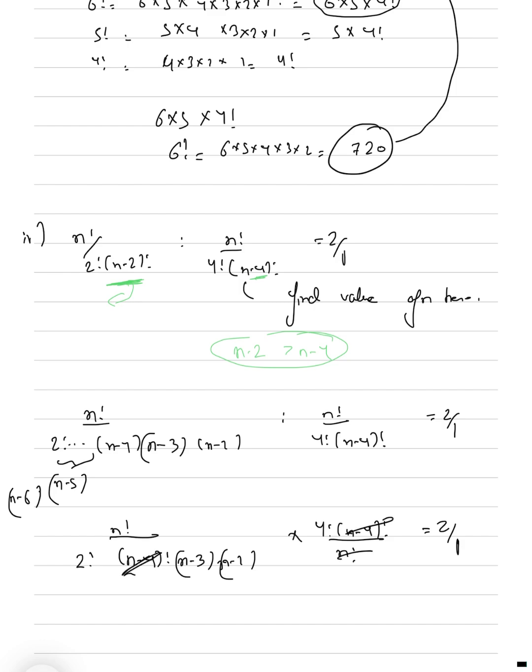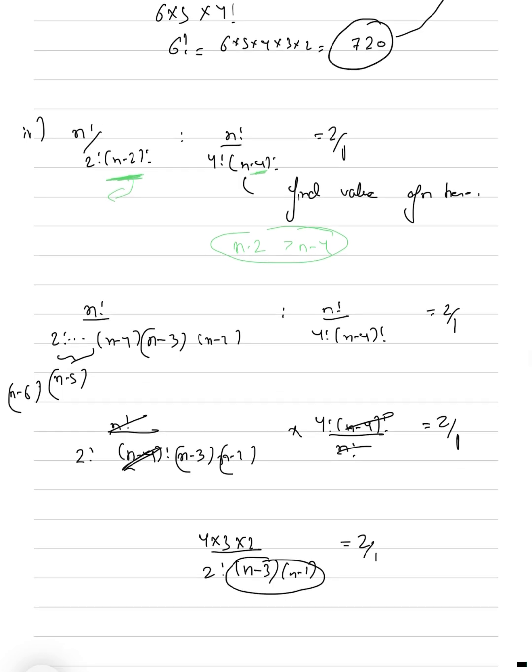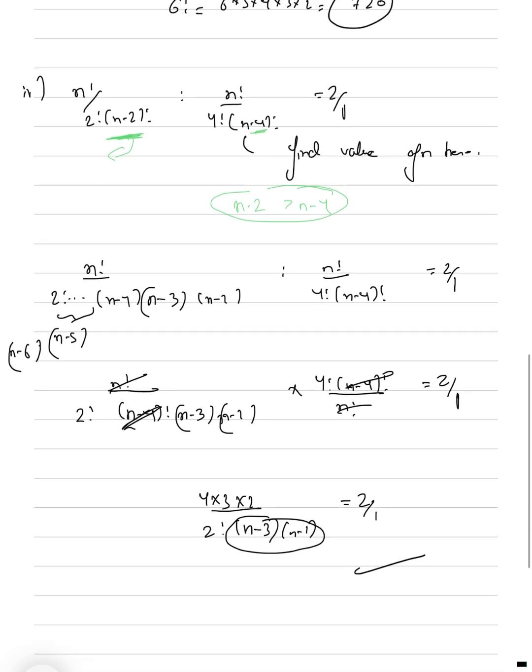Okay, so now cancelling this, n cancels, 4 into 3 into 2 upon factorial 2, n minus 3, n minus 1 is equal to 2 is to 1. Now you can basically solve here. You are going to get a quadratic equation, and then you can solve it. So I think I made my point clear on how to do this type of question.